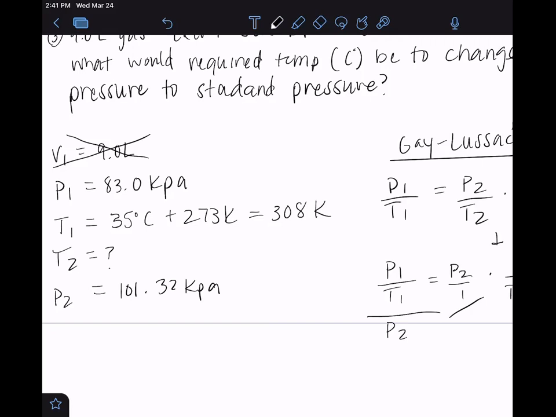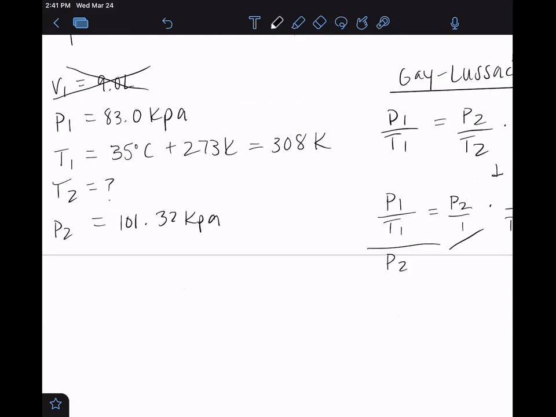Okay, and because we're dividing everything by P2, it turns into P1 over T1 times P2 equals 1 over T2. And then you can go ahead and plug things in, all of those values.